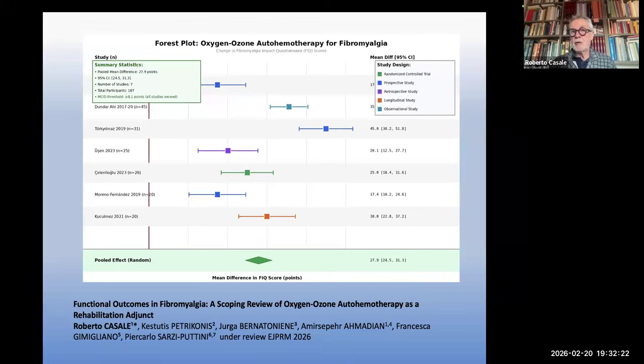Unfortunately, because there's no push from the big pharmas to develop this treatment, which is absolutely low cost, research is only few. But here, as you can see, some of the reports are extremely positive.